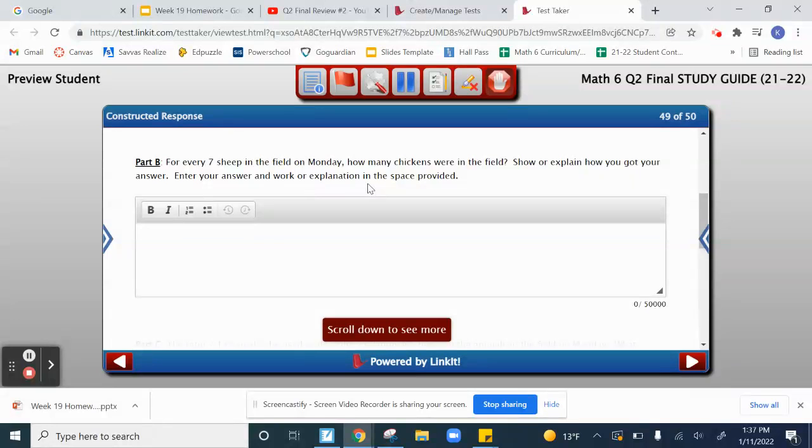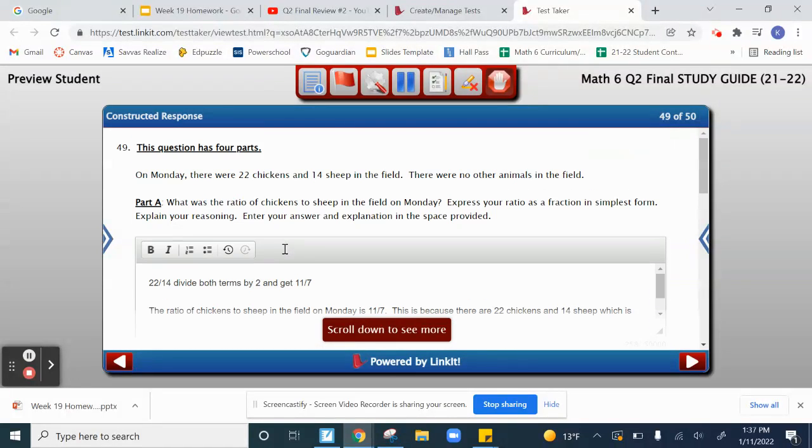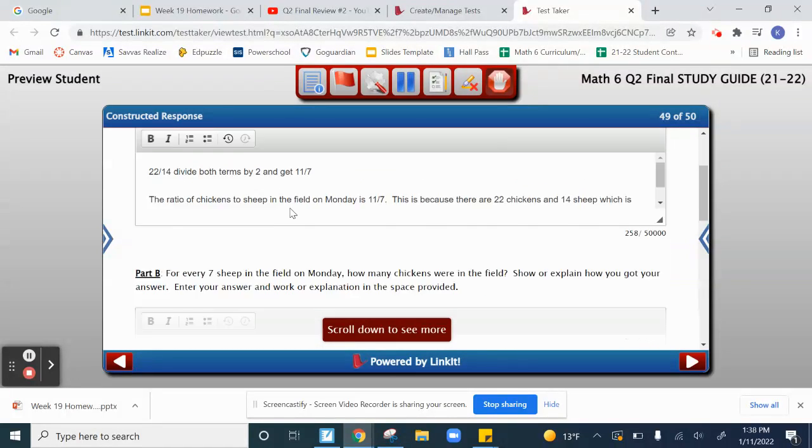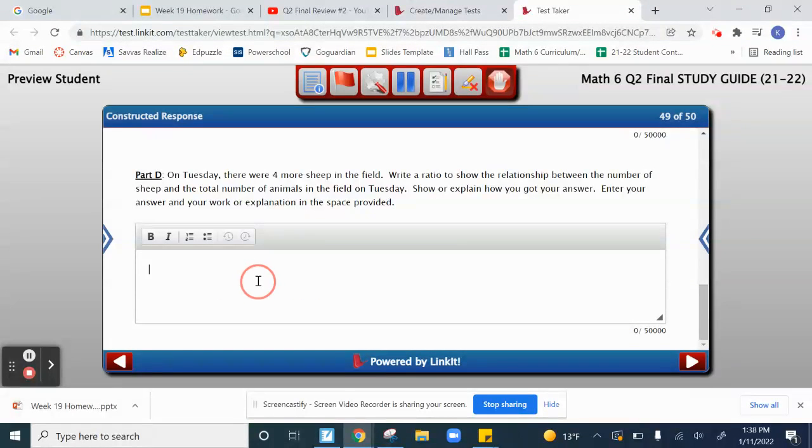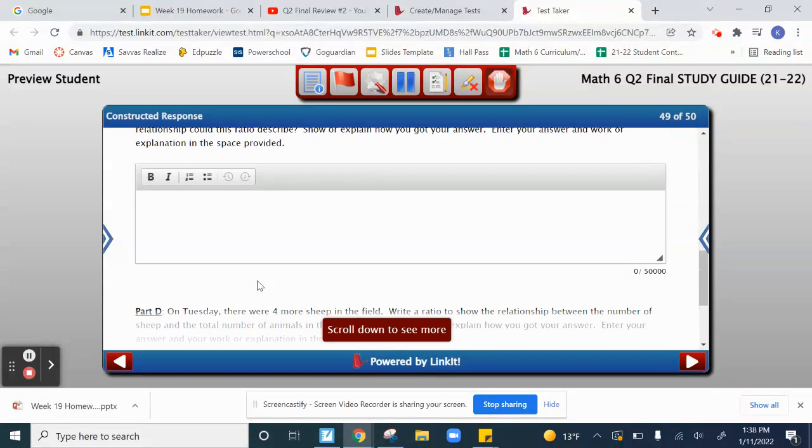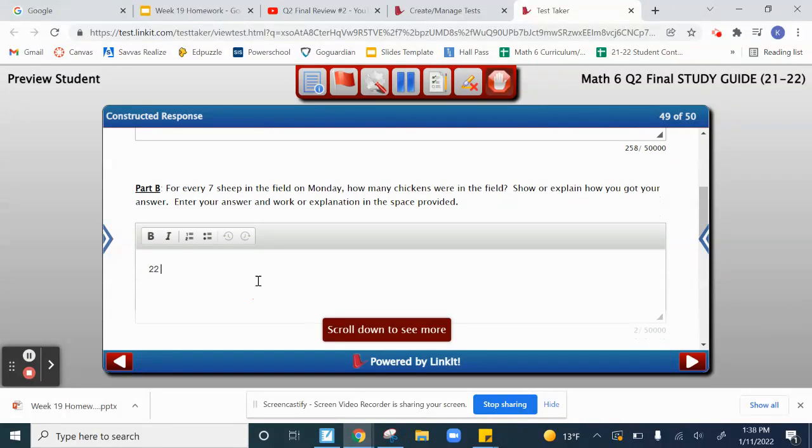For every 7 sheep in the field on Monday, how many chickens were in the field? So let's come back up here and get our original ratio, which is 22 chickens to 14 sheep. Wait, that's part B. We want part B. Whoops. All right, 22 chickens to 14 sheep.